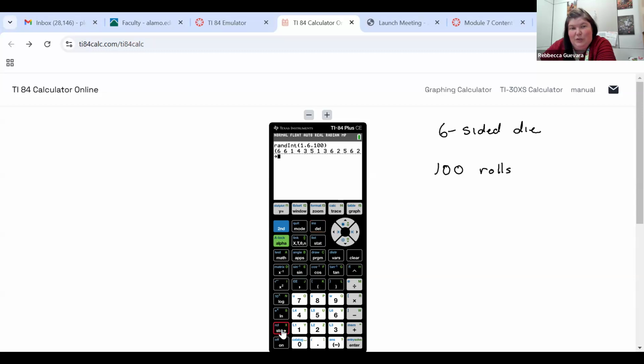If I go second, and then this little negative, that puts answer. I have my answer. Then I hit the store button. If I want it in list 1, I go second, L, and it puts it all in list 1.